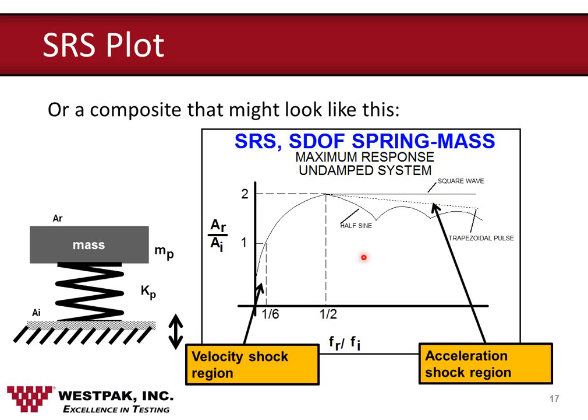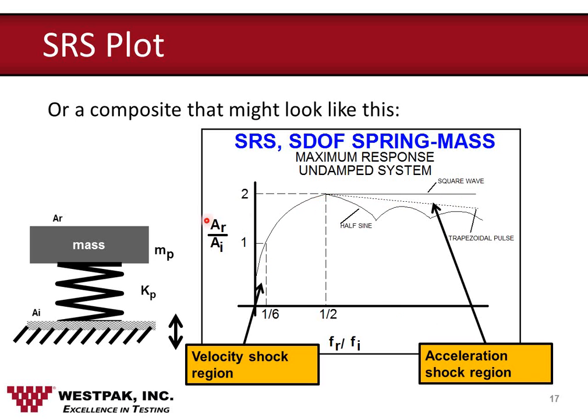The important thing to remember here is that there is such a thing as a velocity shock region of the SRS, and that occupies this area here, and that there's an acceleration shock response region, and that occupies all of the other area of the SRS.